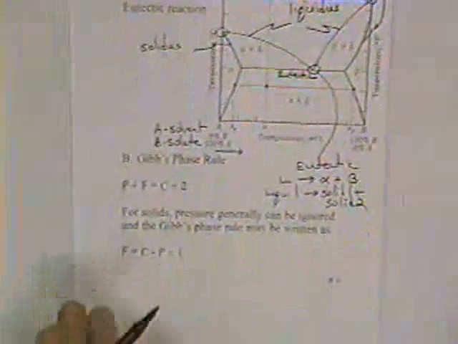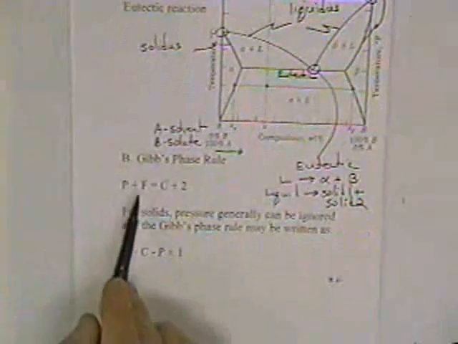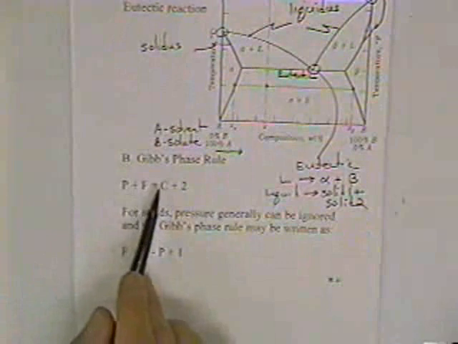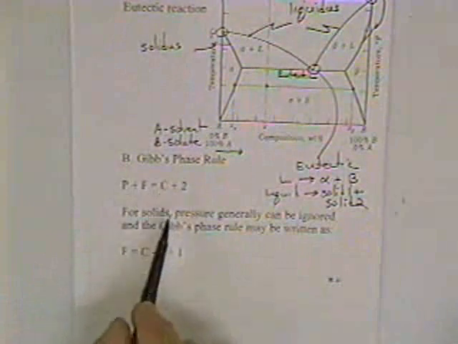Now, we can talk about the Gibbs phase rule, which can help us identify what goes on in this system. The Gibbs phase rule is defined as the number of phases plus the degrees of freedom is equal to the number of components plus 2.